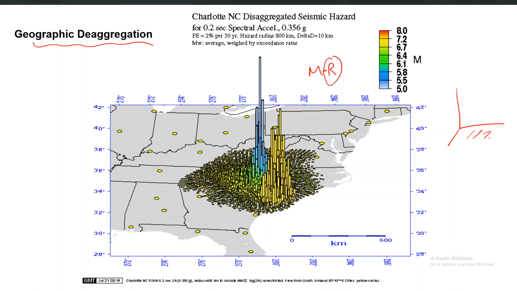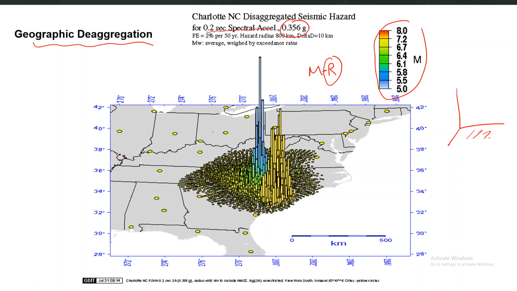Whatever the actual location is from that particular site, you can plot that on the map itself. The color of the tower here on the actual map is the magnitude, and the height is representing the contribution of that MR pair to your site. So this example is for one particular site, and for SS value, which was 0.356 g, it is in the US.